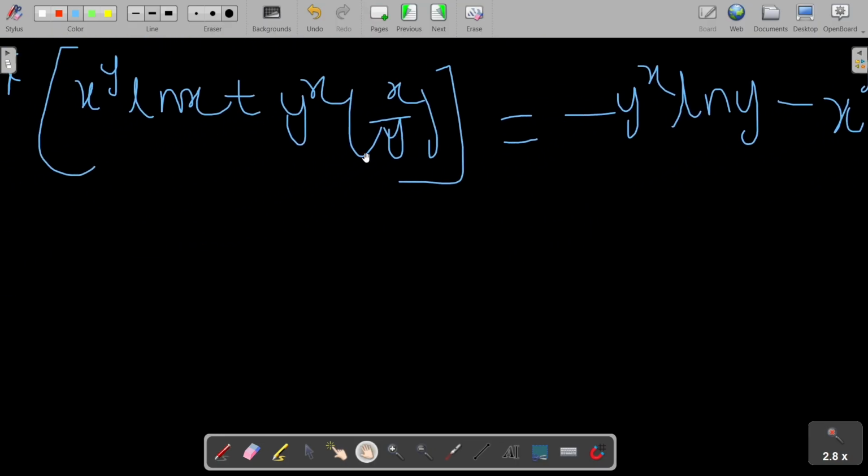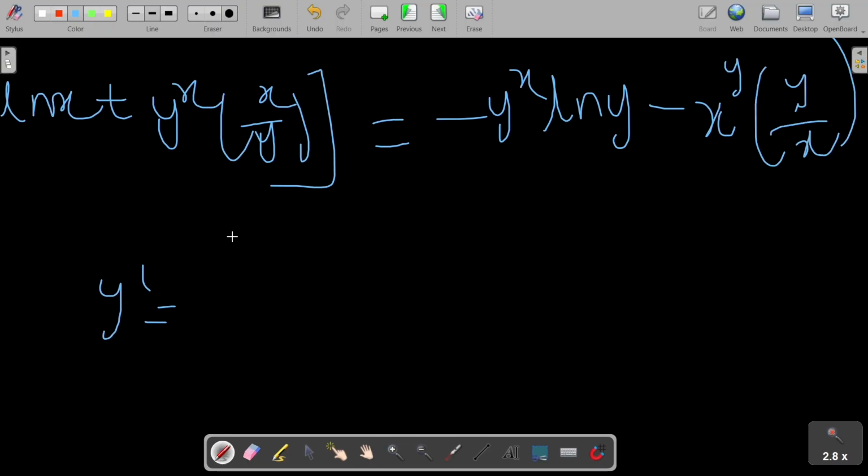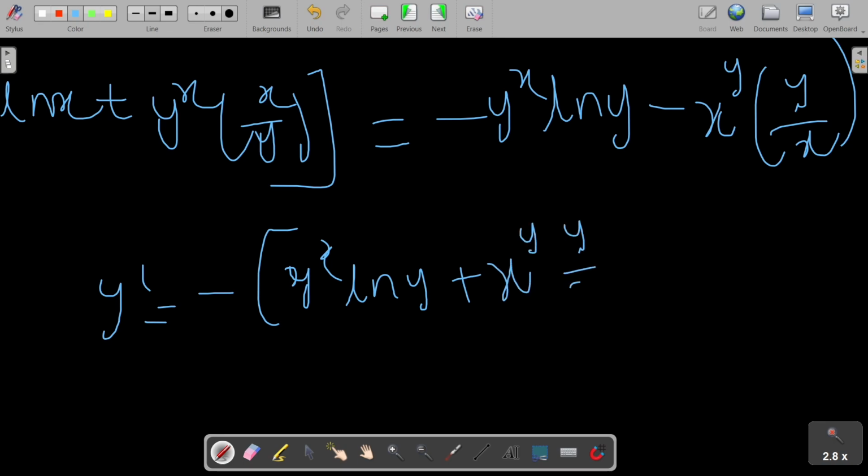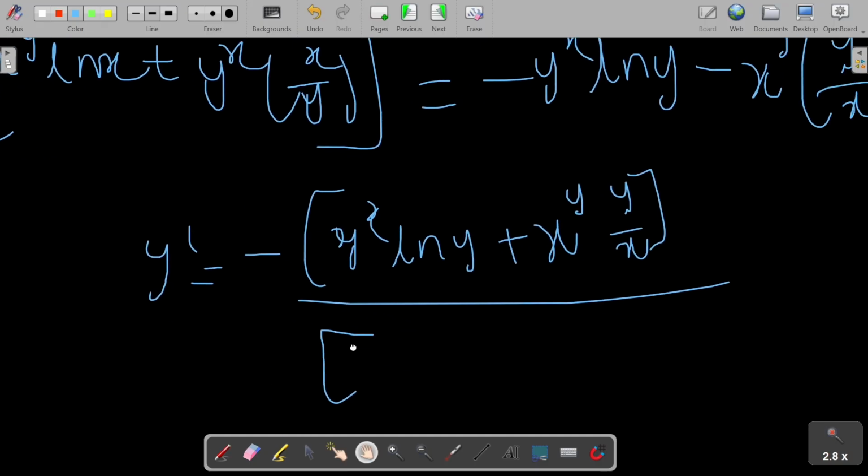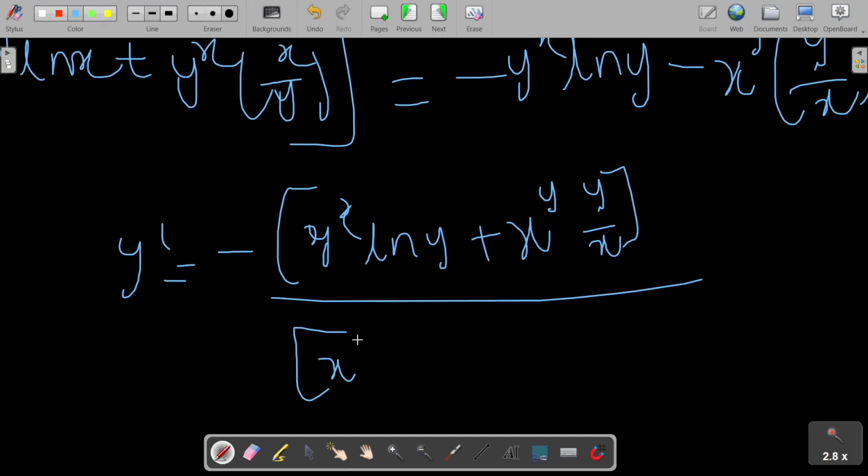If I divide both sides by this, I get y prime only. Taking minus common, I get y power x ln y plus x power y by x over x power y ln x plus y power x into x by y.